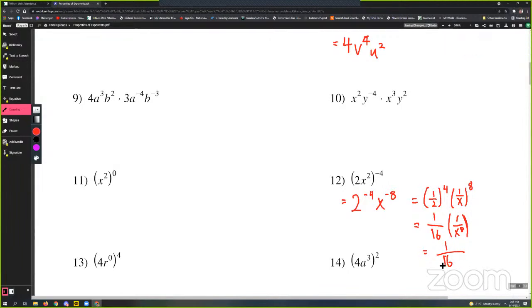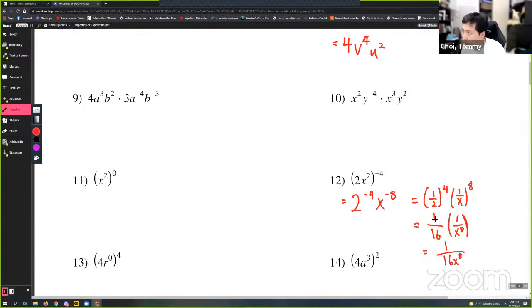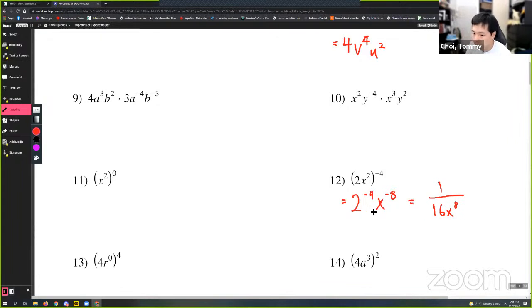Mr. Choi, I have a question. Would you want us to show all our work while we do this? Like, will we get marks off if we don't show our work? So if you want the minimum for full marks here, if you got to here, and then you showed me this, I'm okay with that. This is fine.